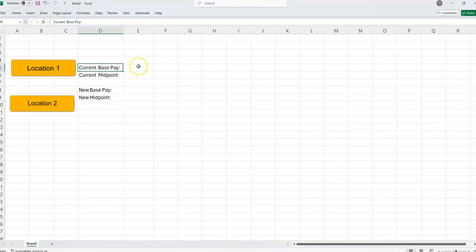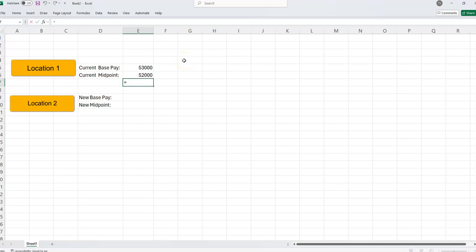Okay, so to keep this simple, the main things that we want to look at is the current base pay compared to the current midpoint, and then the new base pay compared to the new midpoint. And those are the two numbers that we use to calculate the compa-ratio. So we're going to put that he's at 53,000 and the current midpoint is 52,000.